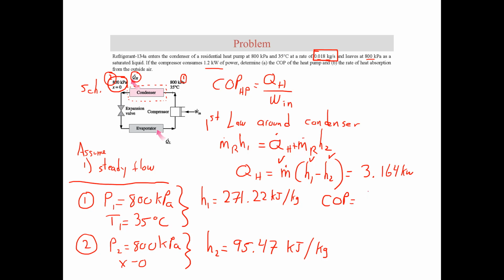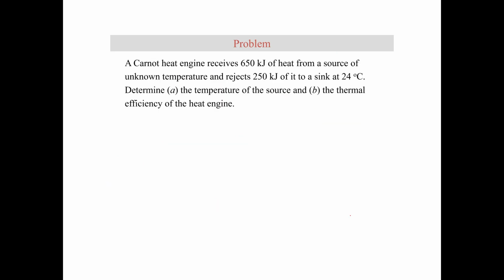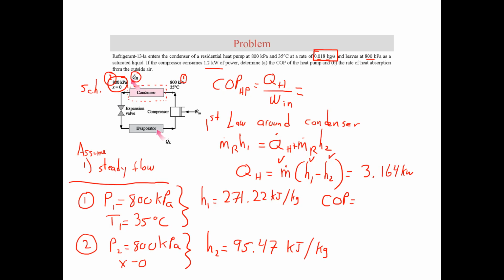I'll write in the numbers towards the top of the slide here. So I get QH is 3.164 kilowatts. Work in is given as 1.2 kilowatts. And the coefficient of performance ends up being 2.64.